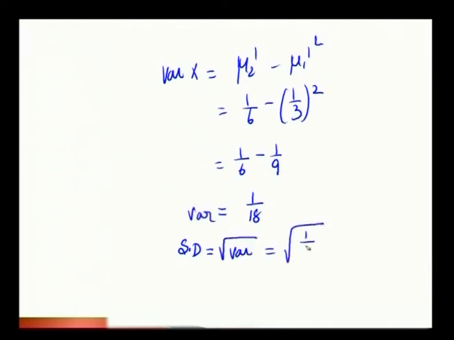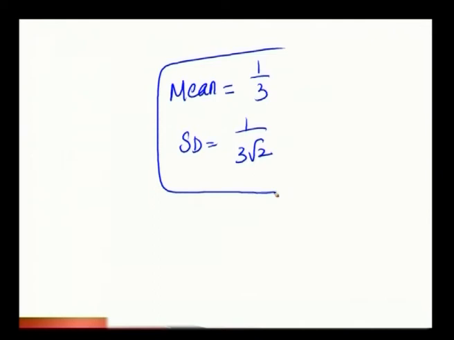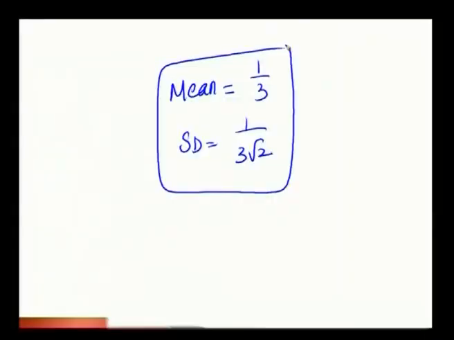So, root of 1 by 18, 18 is written as 2 into 9, root 9 is 3 and comes outside, so 1 by 3 into root 2. So, we have found out mean is equal to 1 by 3, mu 1 dash, and SD is equal to 1 by 3 into root 2, and the rth moment also we have found out. So, this problem is over. We shall go to the next problem.